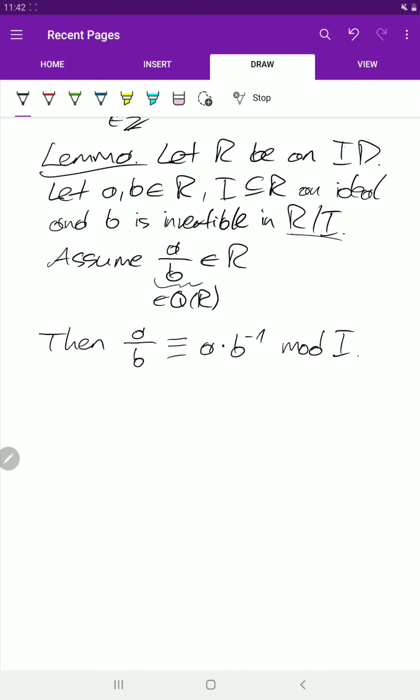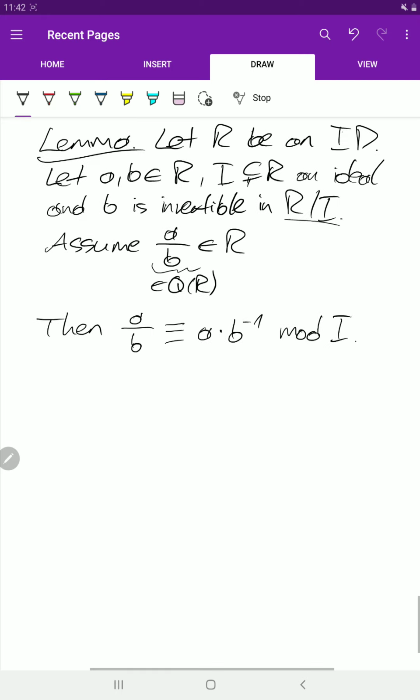At least, one could argue what would be the case if I is actually equal to R. But let's say I is not R.